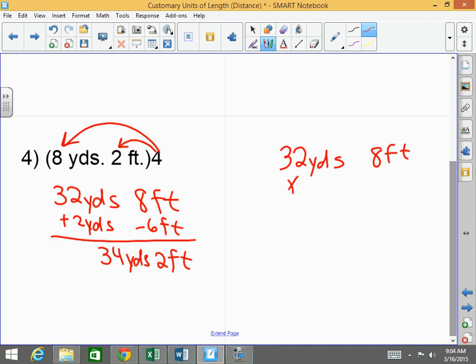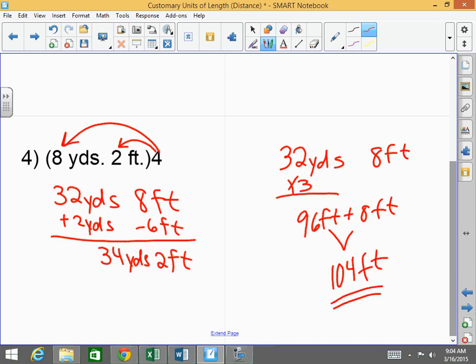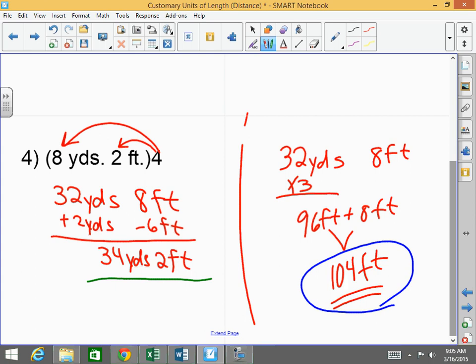So I'm going to multiply this by 3 feet in every yard, giving me 96 feet plus 8 feet, which gives me 104 feet. So depending on how I wanted you to answer this, if I said turn it into yards and feet, this would be the answer. If I told you turn it all into feet, this would be the answer.